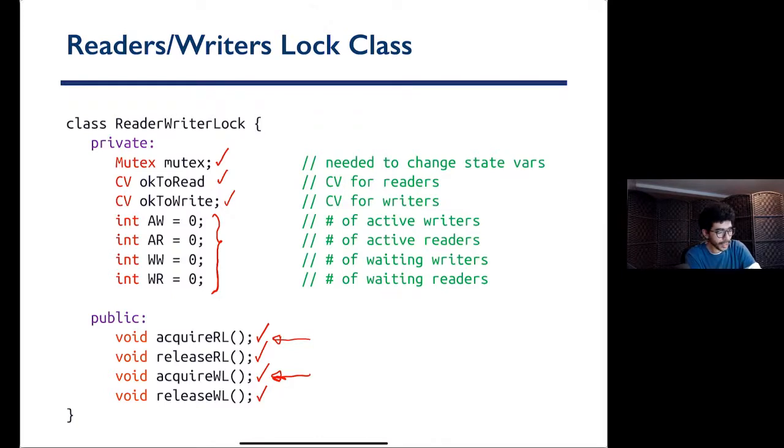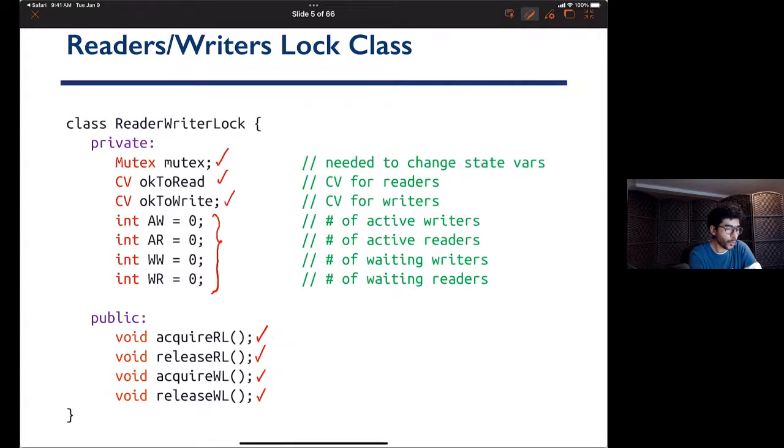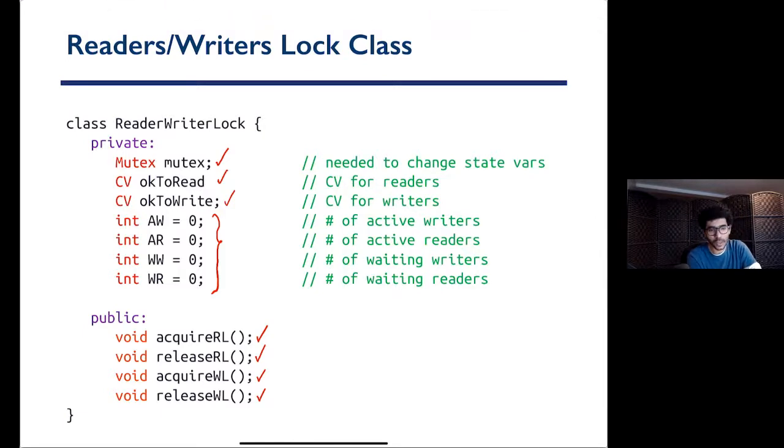If you try to acquire the lock as a reader, and let's say a writer has access to it, then you have to wait. So you become a waiting reader. Or if you want to acquire the lock as a writer and there are some readers, then you become a waiting writer.